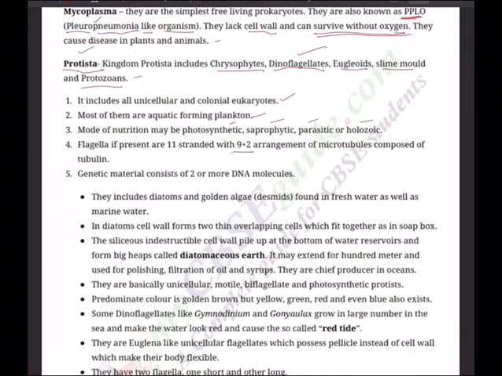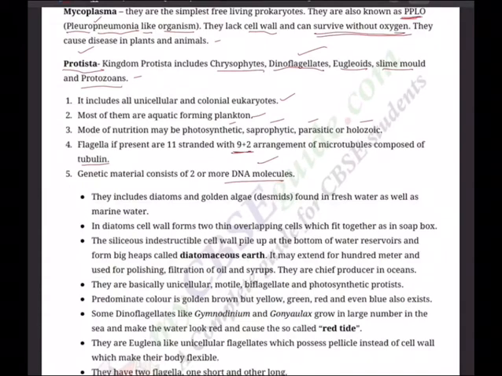Remember, last time we discussed the 9+2 arrangement of microtubules composed of tubulin. That's a protein. And genetic material consists of 2 or more DNA molecules. So Protista includes diatoms and golden algae, desmids, found in fresh water as well as marine water.